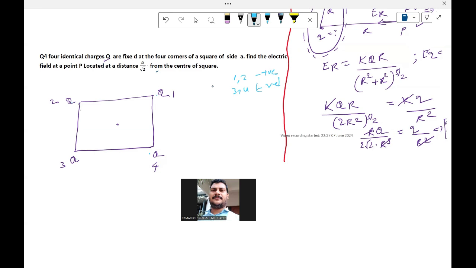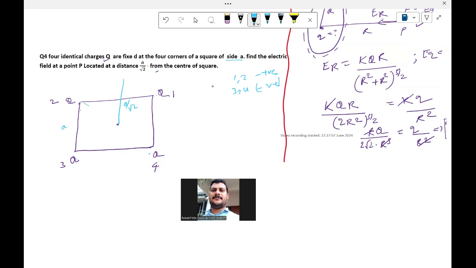And in some problems, the diagonal is given as root 2 L. The square has diagonal, one model of the problem. So all these things can be calculated by this one. Here the perpendicular distance is given as a by root 2, and here the square side a is given.